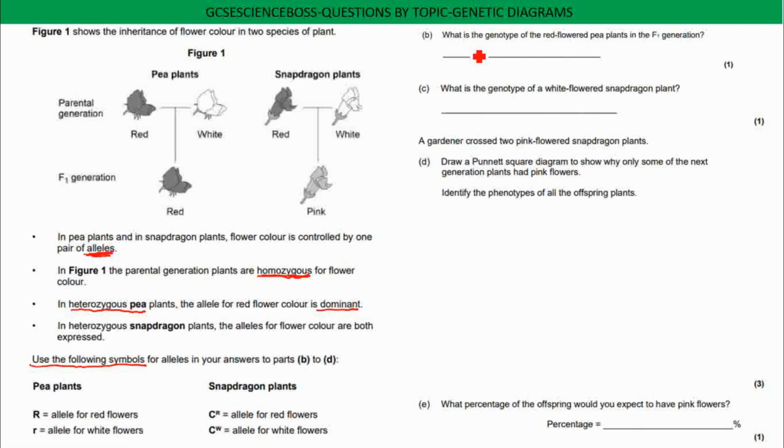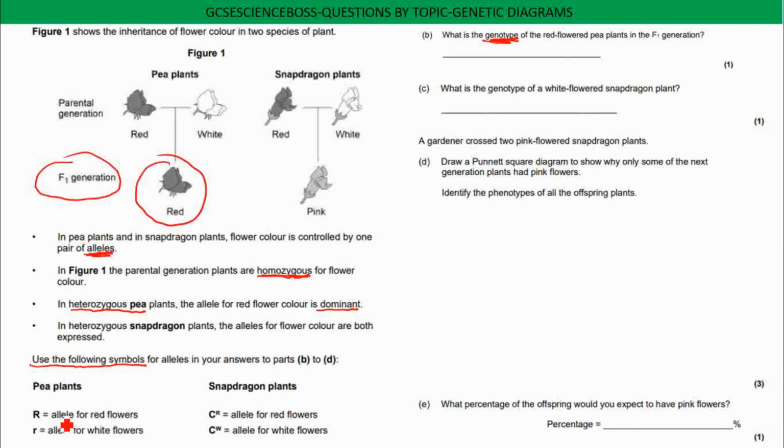So the question says, what is the genotype of the red flowered pea plants in the F1 generation? So here's my F1, here is the red plant, and they're asking what is the genotype, which means they're expecting the letters for your answer for the red colors. Now your red right there, if you have a look, when you mix red and white, you get red.